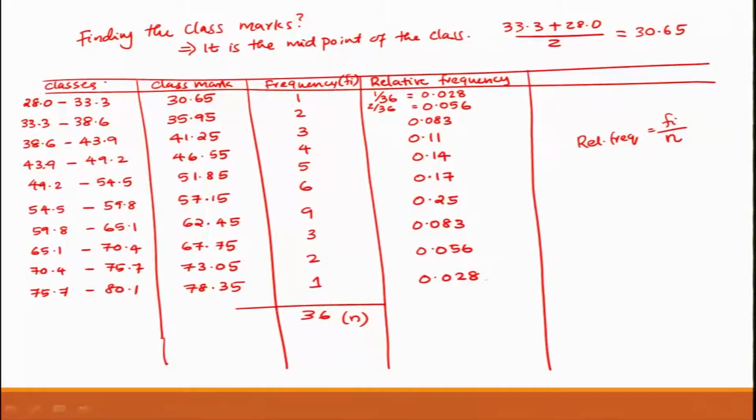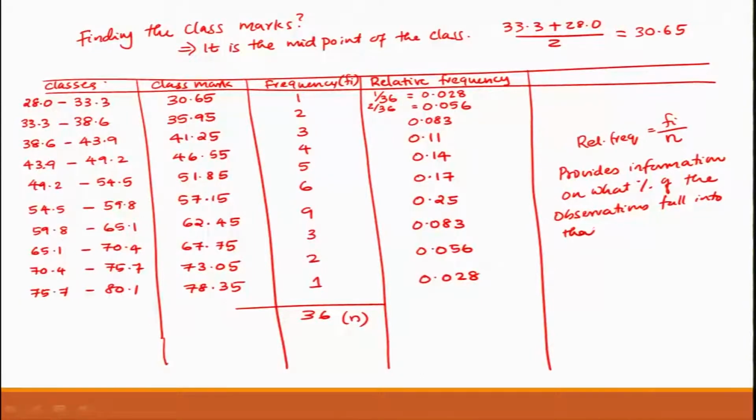So, the relative frequency provides information on what percentage of the observations fall into that class. That information is made available to us with the help of relative frequency.